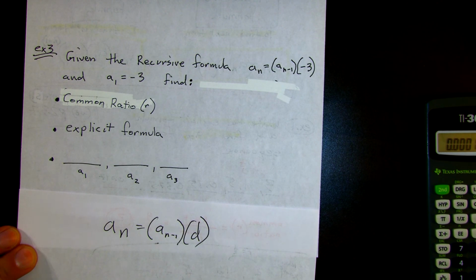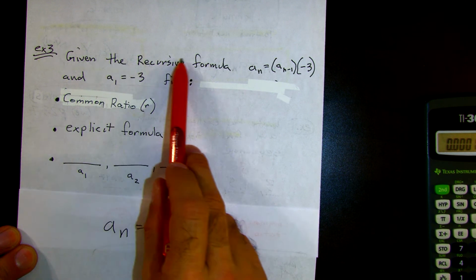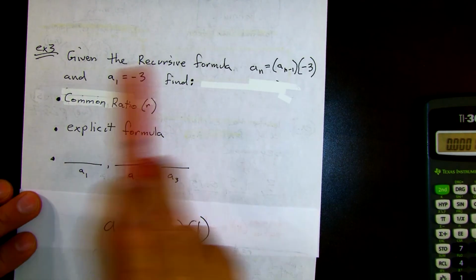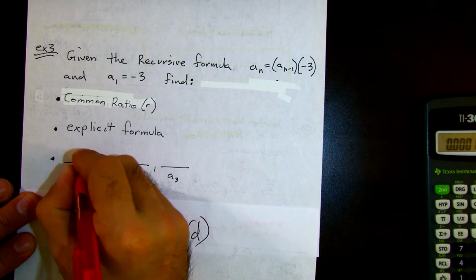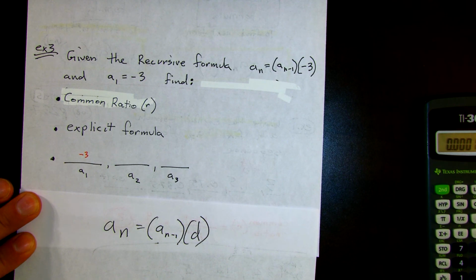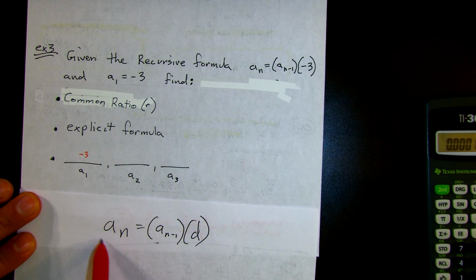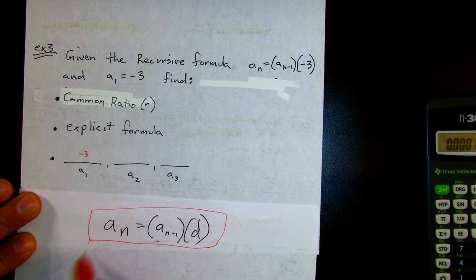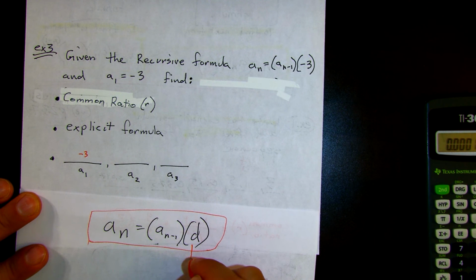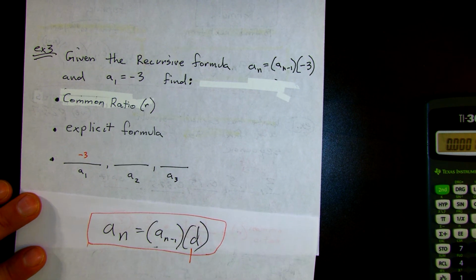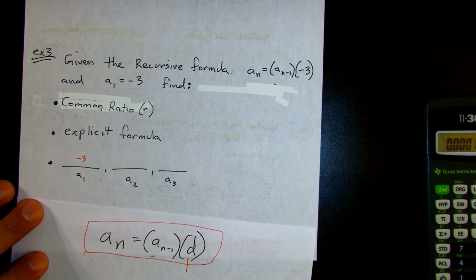All right, let's see. What do we know? We're given this recursive formula. We know a sub 1 is -3. Now, we are given a recursive formula. We have our map here. It looks like the common... Wait, why did I write it as d?